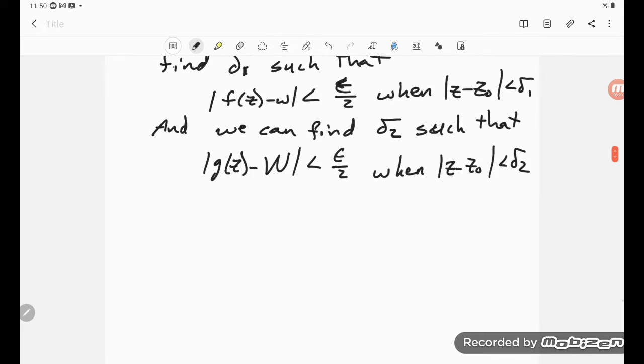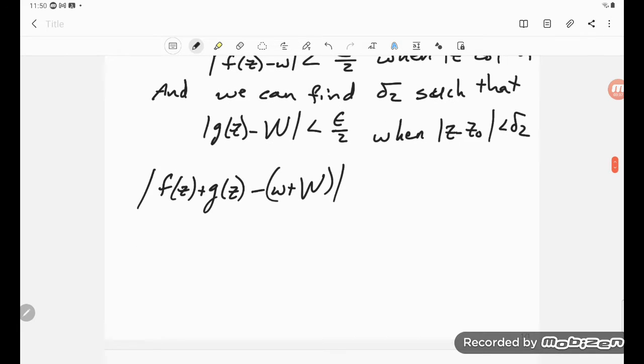the two of those together, you've got, so the absolute value of f of z plus g of z minus w plus big W there.